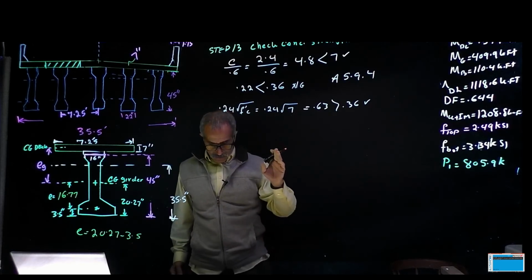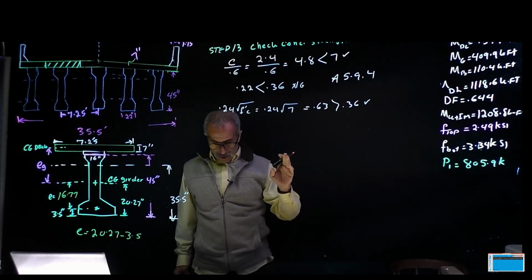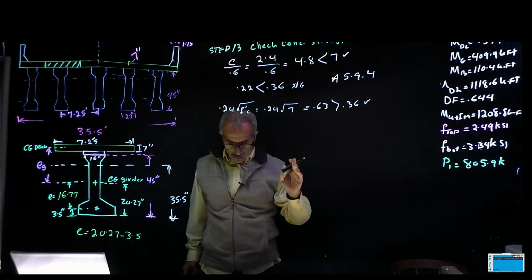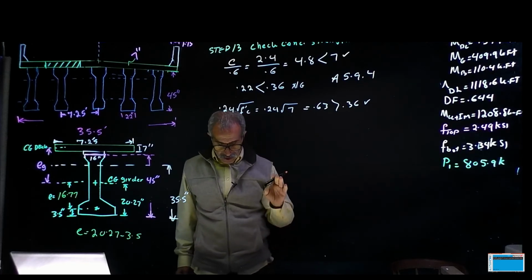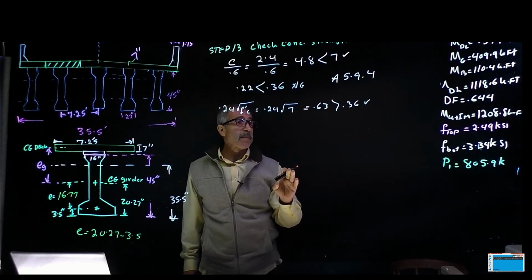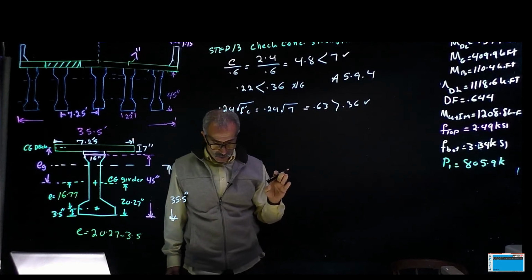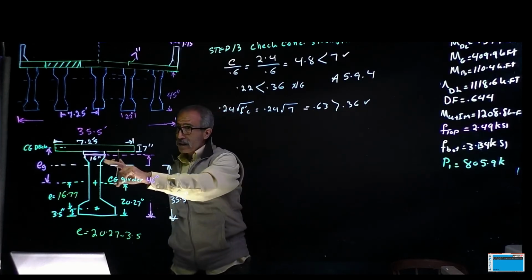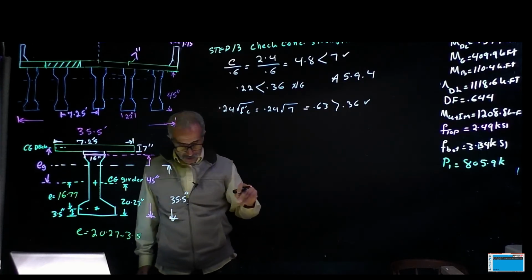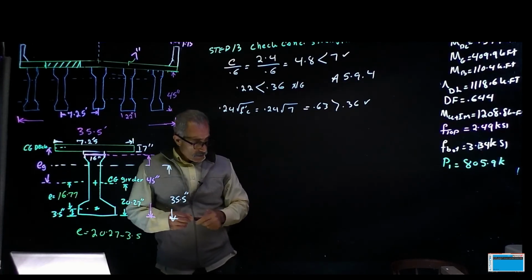Now we want to compute the longitudinal steel at the top of the girder for reinforcement bond, but we got to find out where the plastic neutral axis is. Let me use a different color.